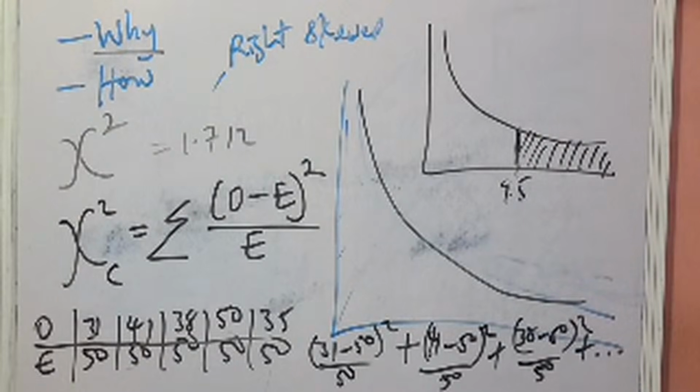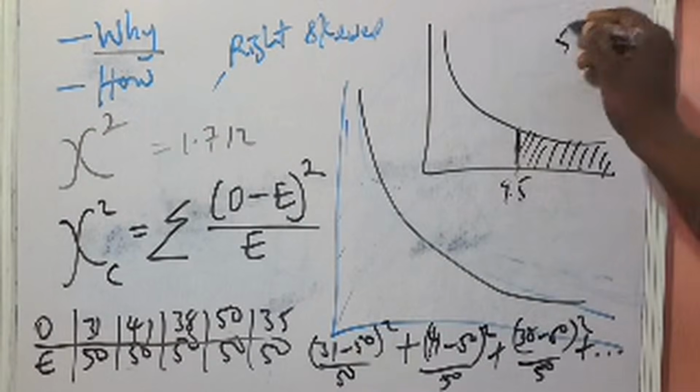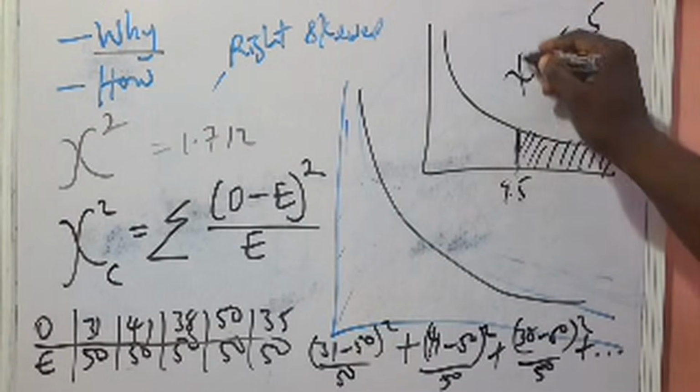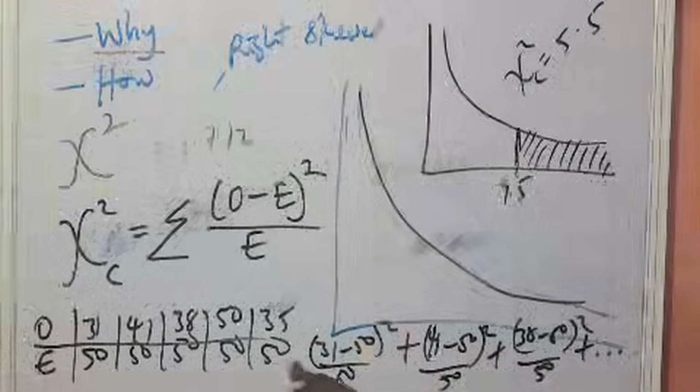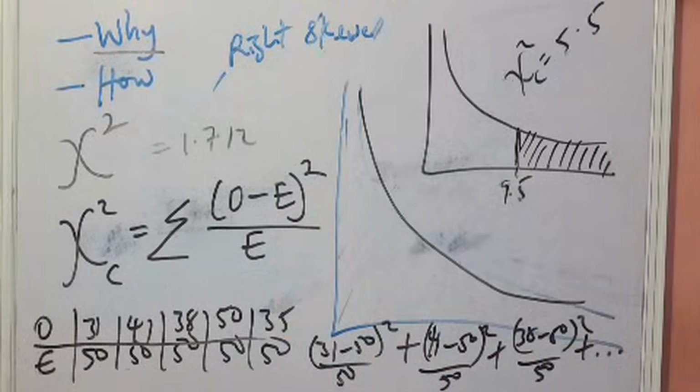So if your test statistic, for instance, let's say when we're done with all this using the test statistic right here, we got 5.5. Obviously, you want to look and say, where does 5.5 fall?